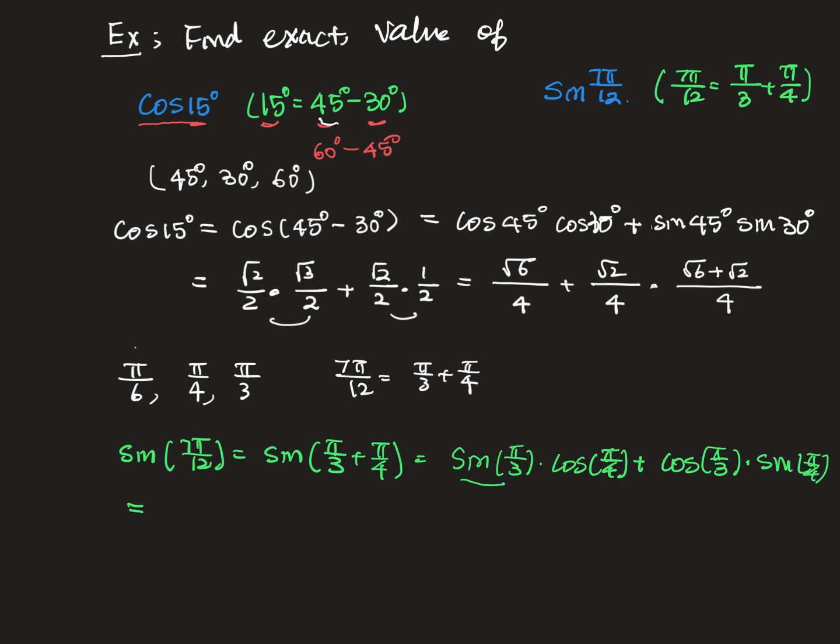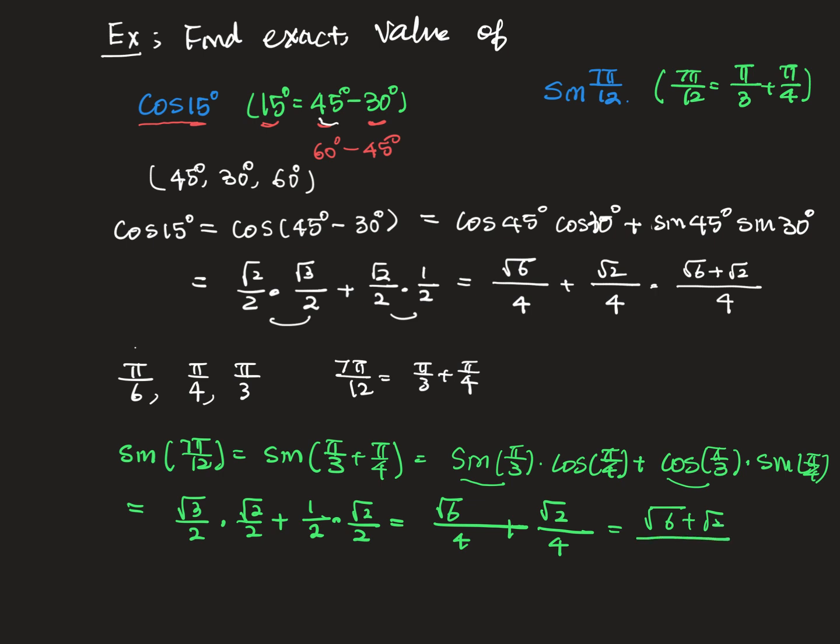Sine pi over 3 is square root 3 over 2. Cosine pi over 4 is square root 2 over 2. Plus cosine pi over 3 is 1 over 2. Sine pi over 4 is square root 2 over 2. Multiplying, you have square root 6 over 4 plus square root 2 over 4. This one is square root 6 plus square root 2 over 4. That's what you find, okay?